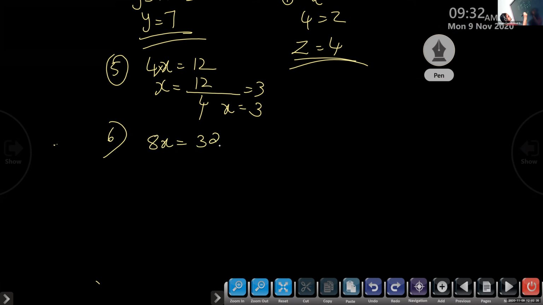So first we will write 2x equal to 7 plus 3. 7 plus 3 equal to 10. 2x equal to 10. So x equal to, we need the value of x. 10 by 2 equal to 5. So x equal to 5 is the solution.